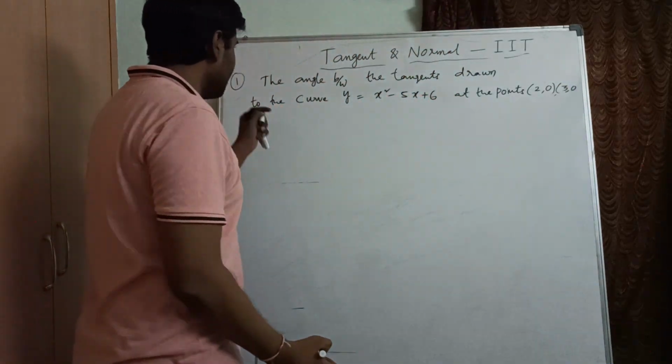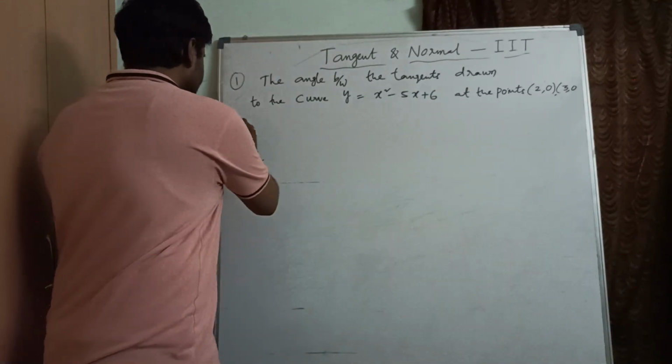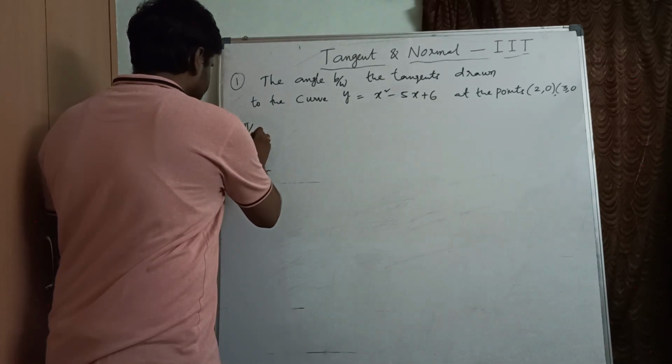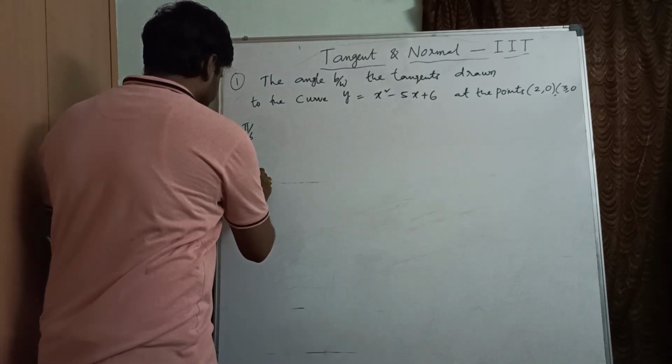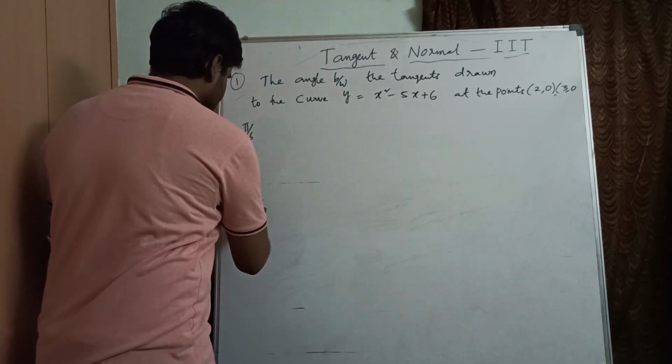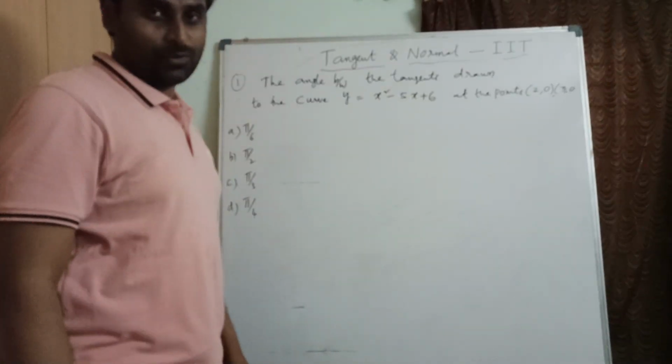Clear? So now we are going to find the angle between these two tangents. Let me take the options: A pi by 6, B pi by 2, C pi by 3 and D pi by 4. See here, it's very easy to solve, right?